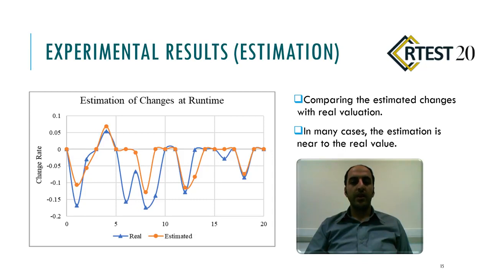In 20 rounds of MAPE, we have assumed that the monitoring process is imperfect, and for each step, as denoted in the figure, the change is estimated by matching the current pattern with the previous ones in the history.